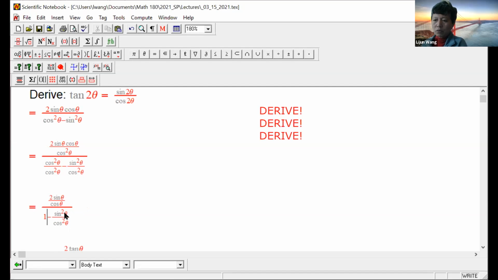Sine square theta over cosine square theta, that's cosine squared theta divided by sine squared theta divided by cosine squared theta. And that one is squared. So in the end, you get that.